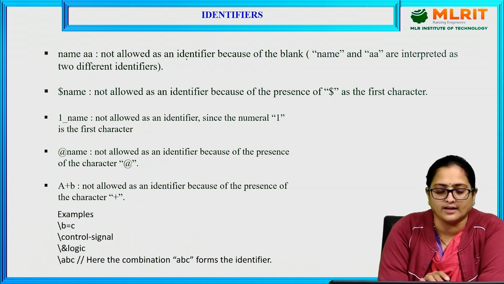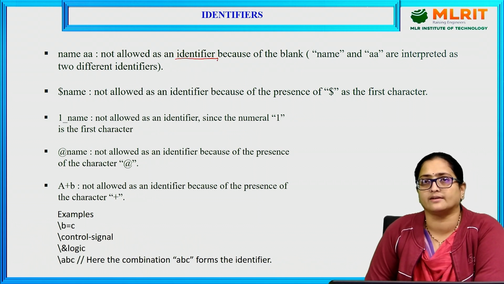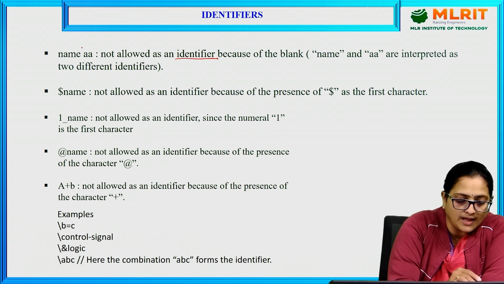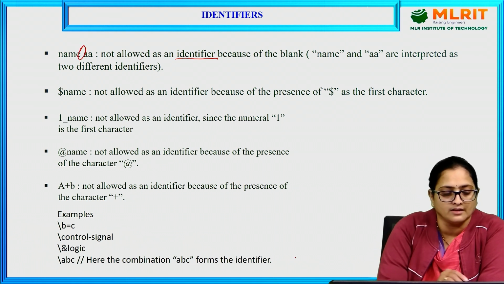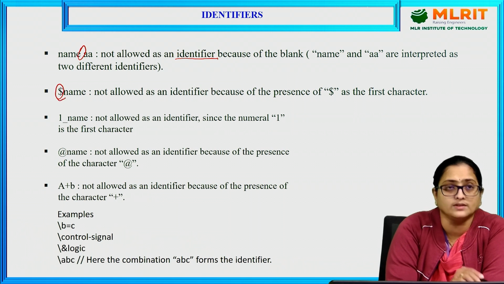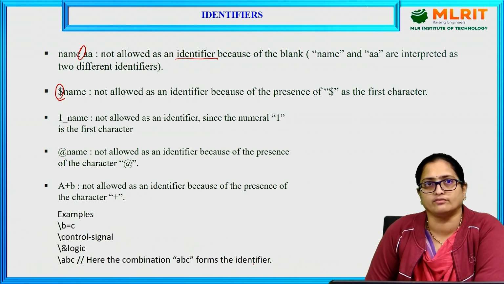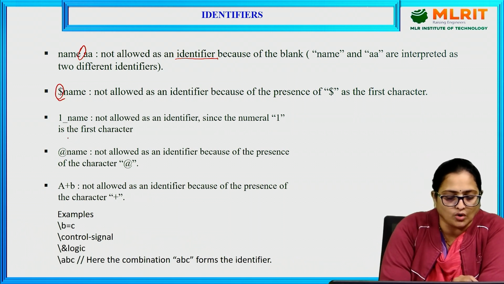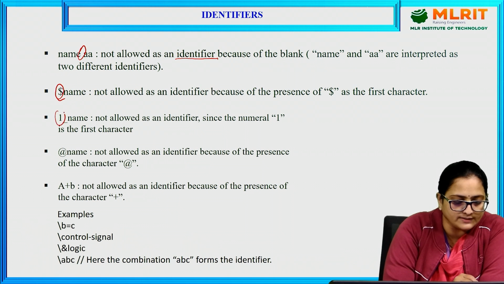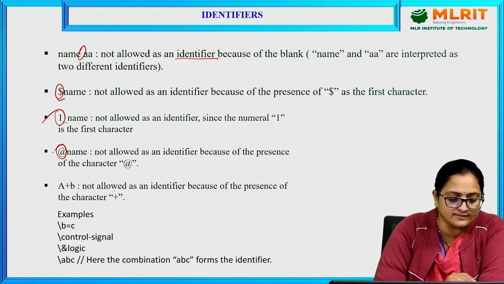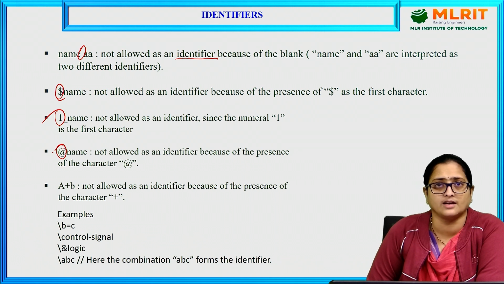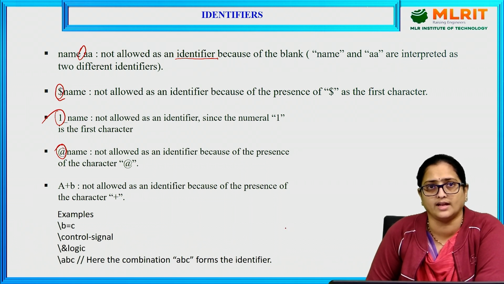Okay, next. See here, name A. This is not allowed as an identifier because of the blank space. Similarly, this is also not allowed because I am using a dollar sign in front of the name. This is also not allowed since the numeral 1 is the first character. And here, the at-the-rate symbol is the starting character, so this is also not allowed.